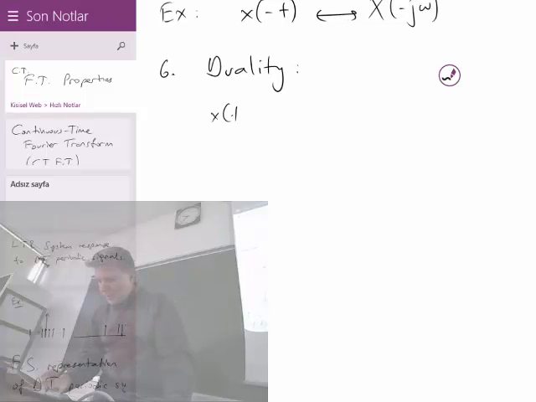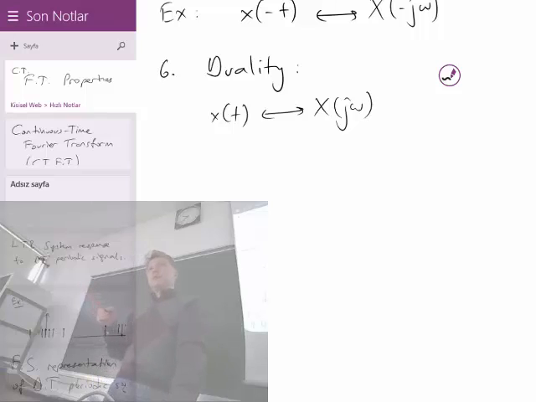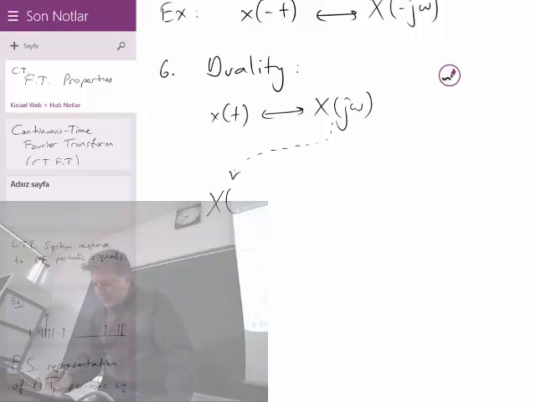If you have x of t, which has a Fourier transform of capital X of j omega, now let's make this capital X of j omega a shape, which is a function. But let's assume that omega is not omega but time, so we have capital X of t. Let's assume that is our time function. Then for this new shape, like for example for the rectangle, capital X will be a sinc shape.